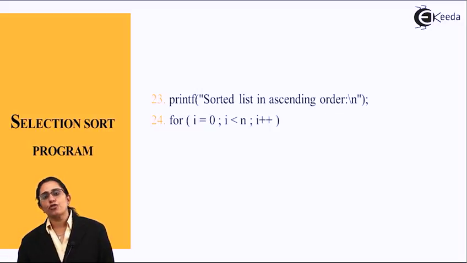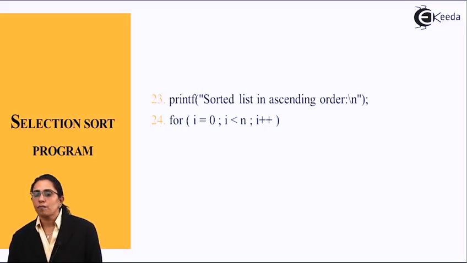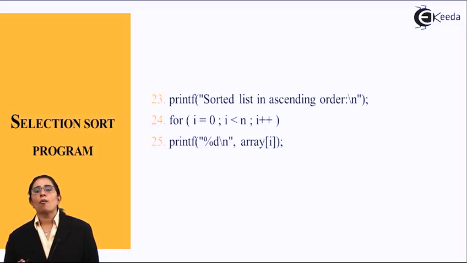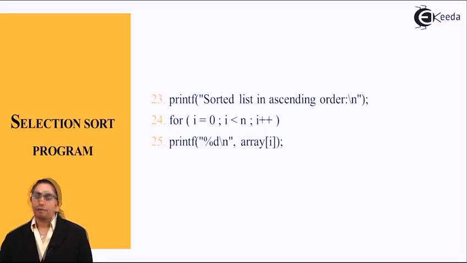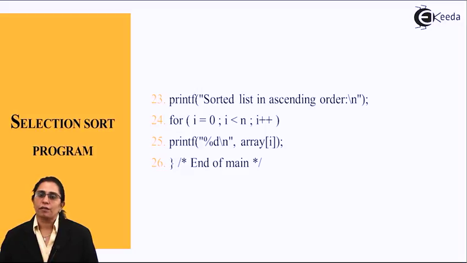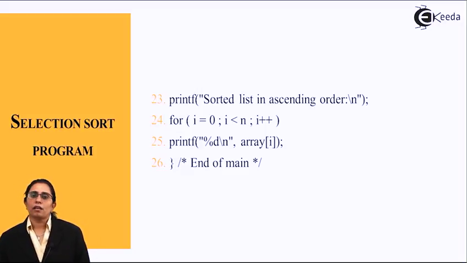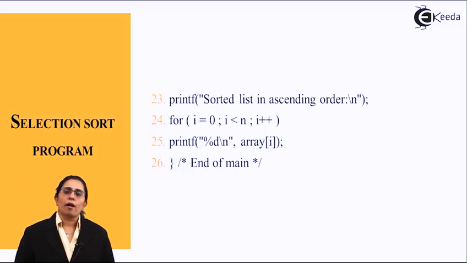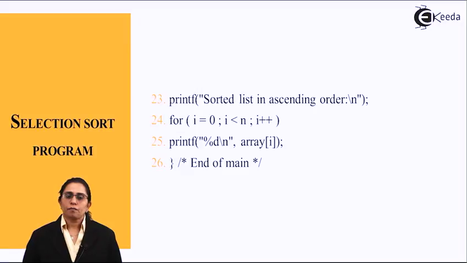For i equal to 0 to i less than n, i plus plus, I print the complete sorted array. And the next step is the end of the main statement. Here we have seen a simple small program of how we sort the small 5 elements in an array.